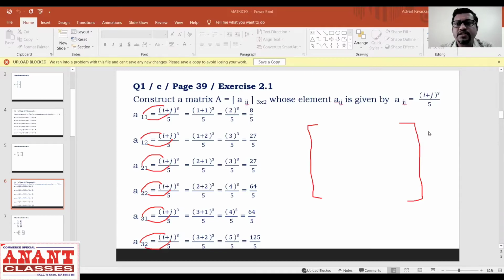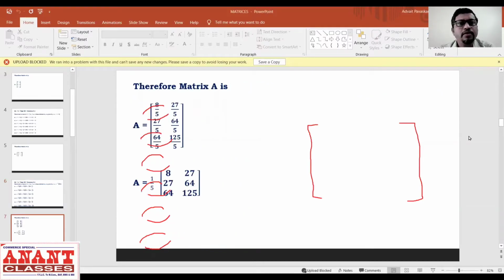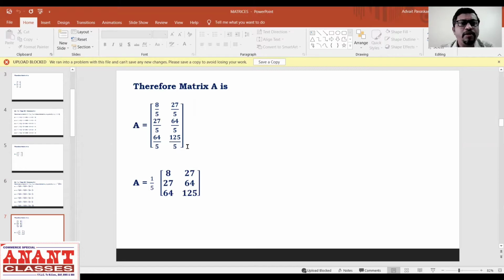How you have to present the answer is like this. Here you have to present this answer. A is equal to, now if you look, divide by 5 is common in all the elements, so we'll take common factor 1 divided by 5 outside the matrix.